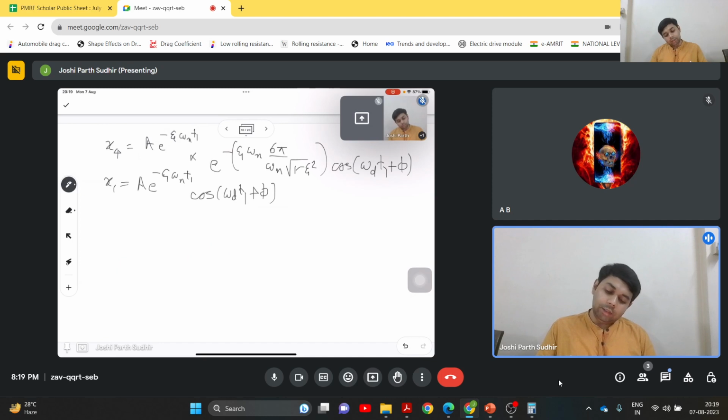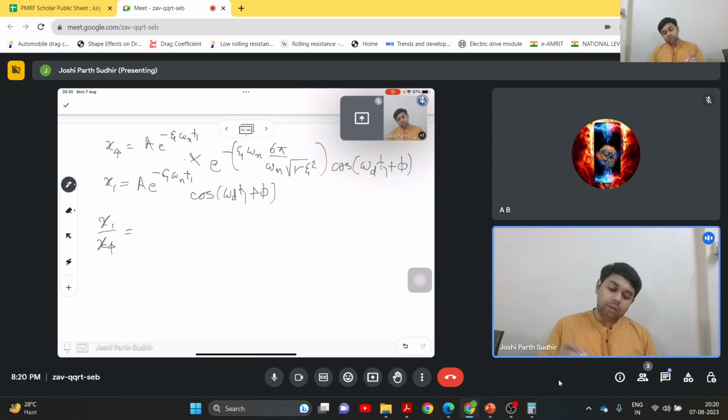Now when we take the ratio of x1 by x4, the term a e to the power minus zeta omega n t1 is common between both of them, so that will get cancelled.